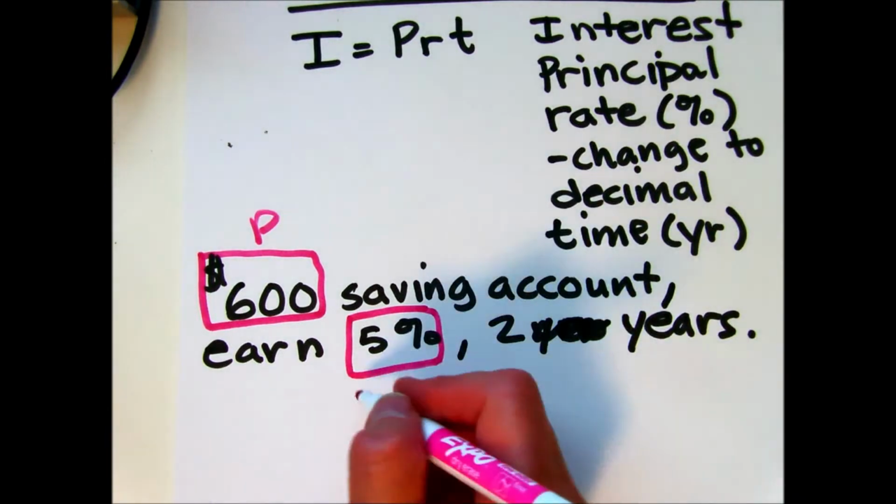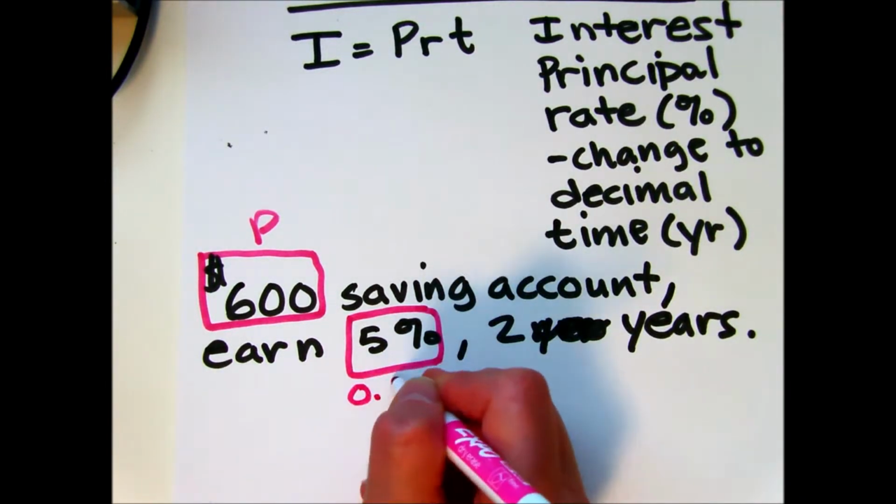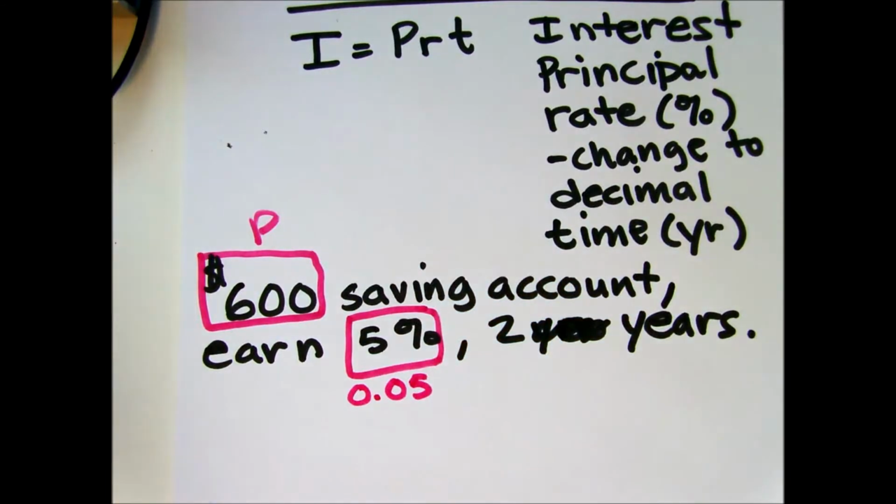And so that's going to become 0.05. Notice it's not 0.5. That would be 50%. 0.05 represents 5%. And if you're not sure how to get that, you want to review a lesson that I did previously on converting percents to decimals.